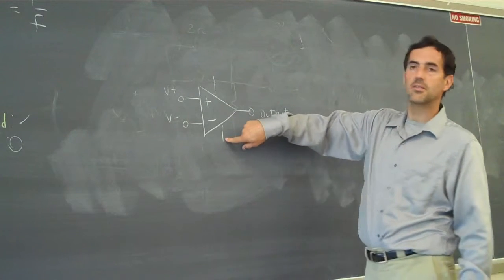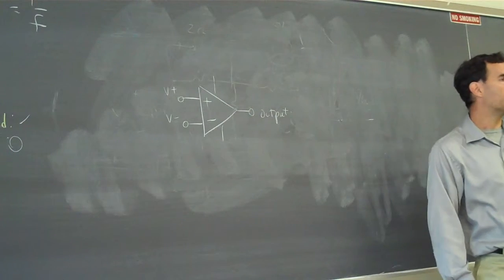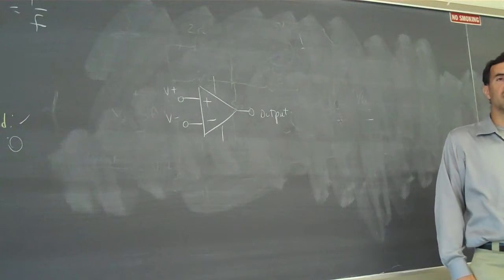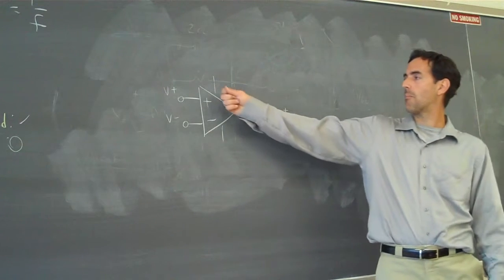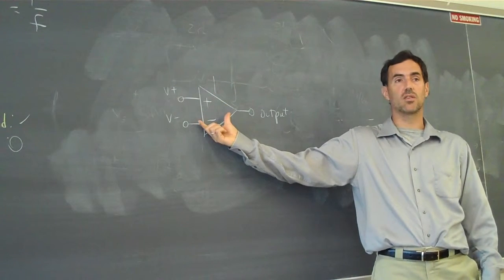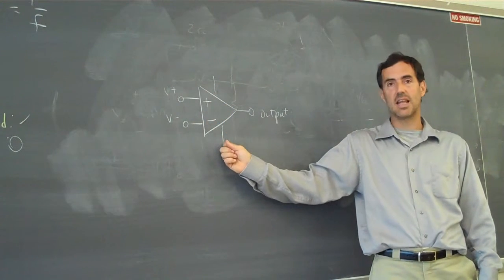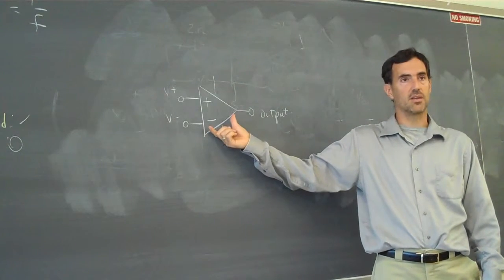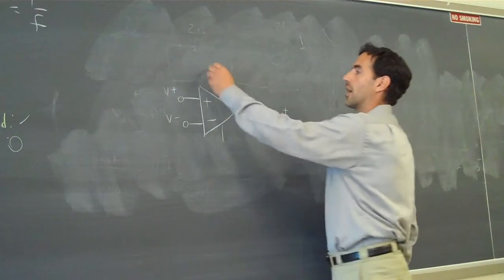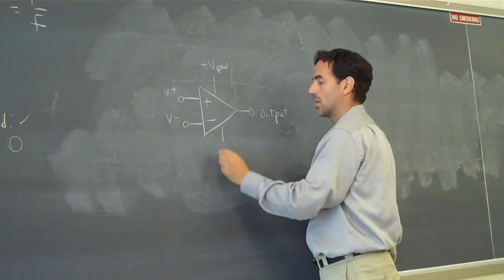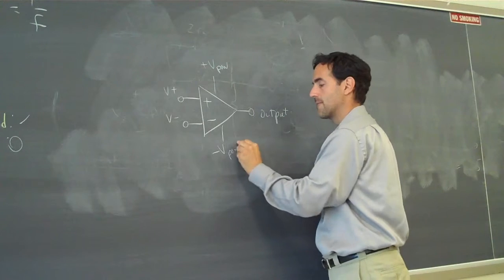These 2 lines are often omitted. The reason they are often omitted is this is the power supply, the positive voltage power supply provided to this little device, and this is the negative power supply provided to that device. So I could call this positive V power, for example, and negative V power.